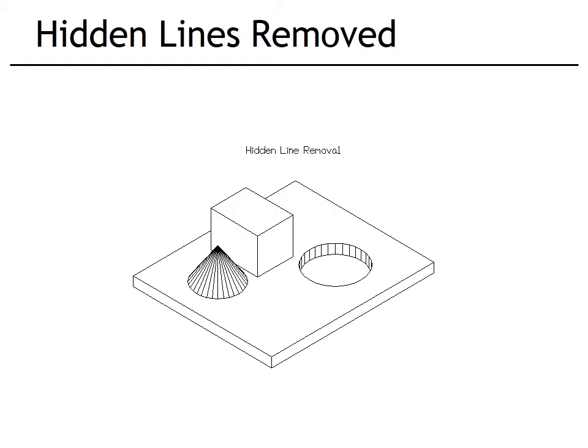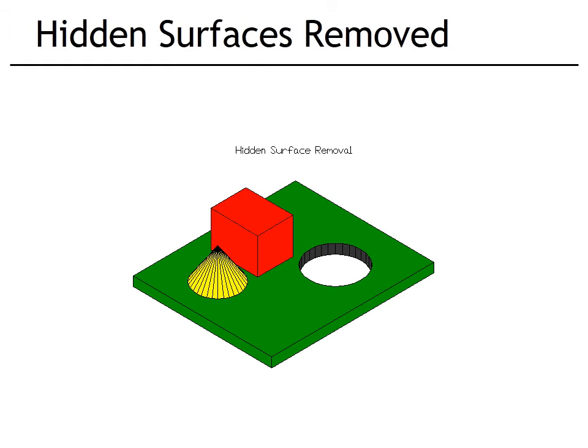Similarly, in the upper and bottom circles they have hidden the lines that lie inside the structure. So these 3D structures are hidden behind the material and behind the box.